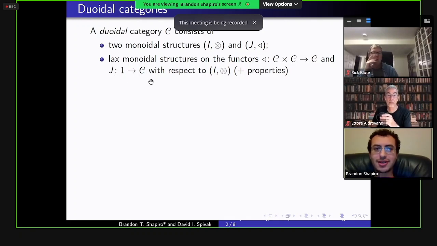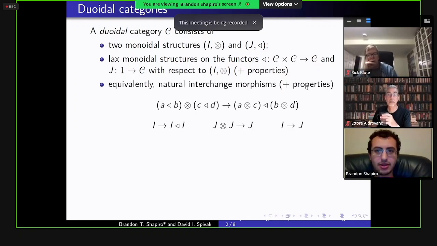So if we use I and tensor on both copies of C here and on C here, we get that J and tri are lax monoidal with respect to that. If you unwind that definition, then it amounts to basically these four natural maps.